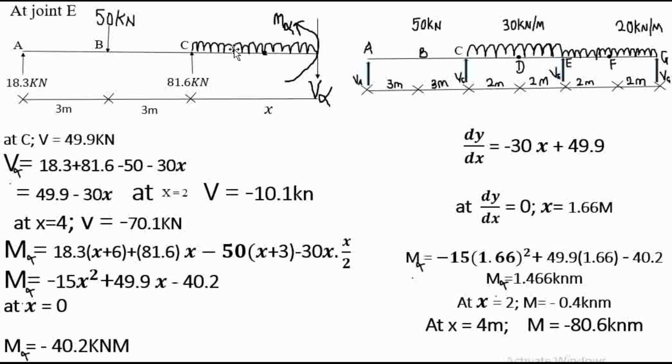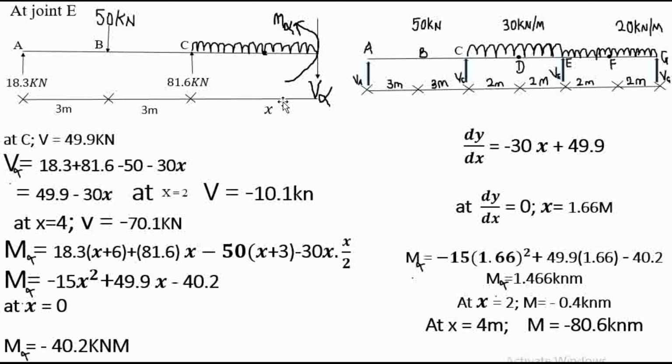Then for the UDL, don't forget that UDL acts at the center. So the magnitude of the UDL is 30 kilonewton per meter as indicated in the question, and we multiply that with the span, which is x, then multiply by half the span, because I've already told us that it will act at the center. So half the span shows the center where it will act from.